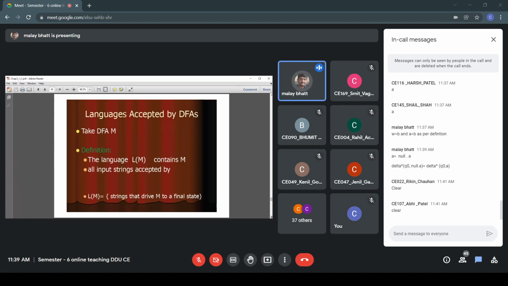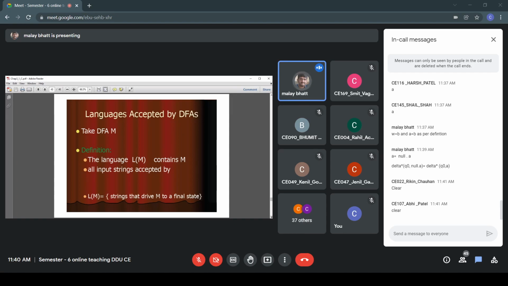Language accepted by the DFA. The language L of M contains all the input strings accepted by the machine. We can say a machine is for a language if the machine accepts all the strings of the language. A language accepted by the machine is the set of strings that drive the machine to a final state.